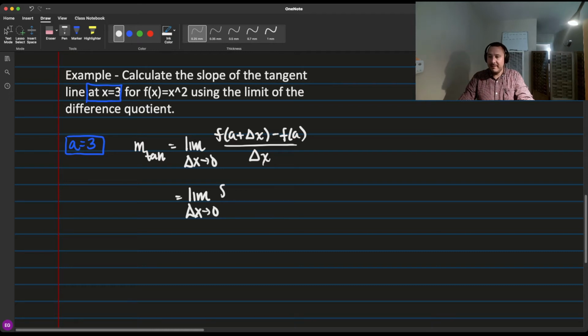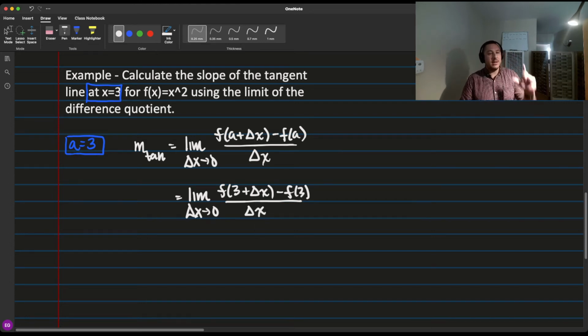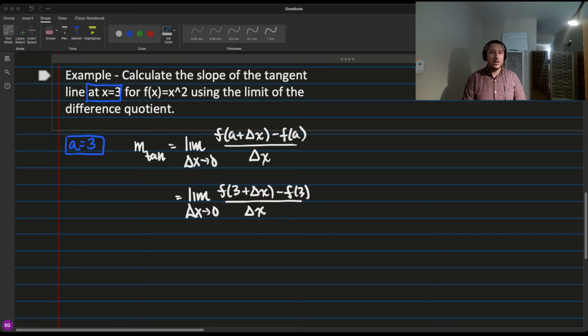So we want f of 3 plus delta x minus f of 3 all over delta x, right? Because we want to find the tangent line at 3. a is the value where you want to find your tangent line. We replace a with 3. That should be pretty straightforward, right? Is everyone good with that idea? We were told in the problem that we're doing so at 3.